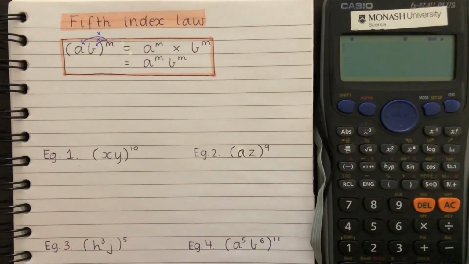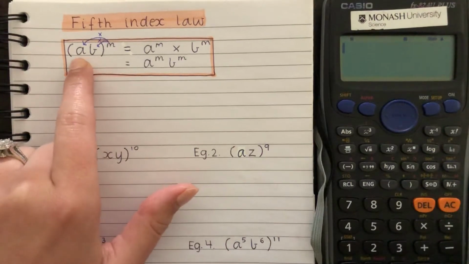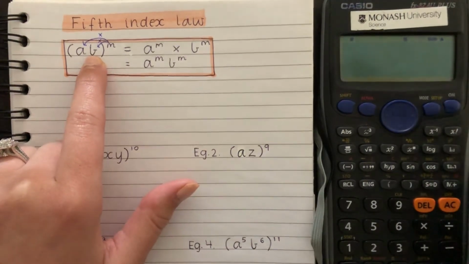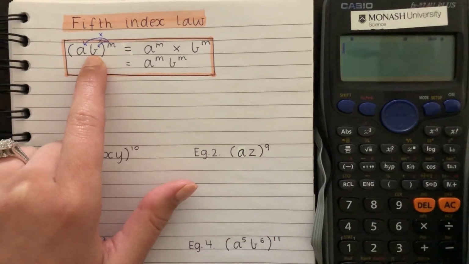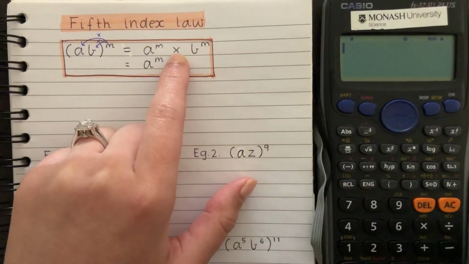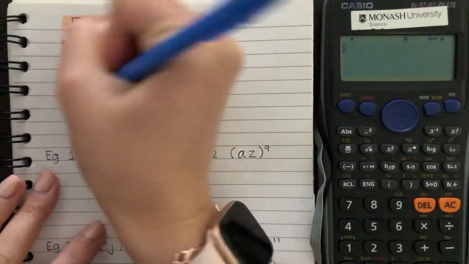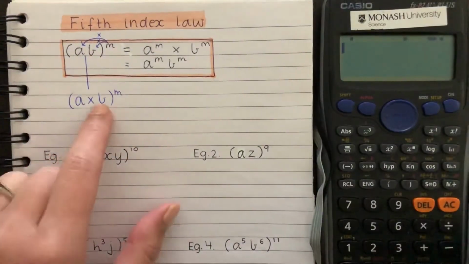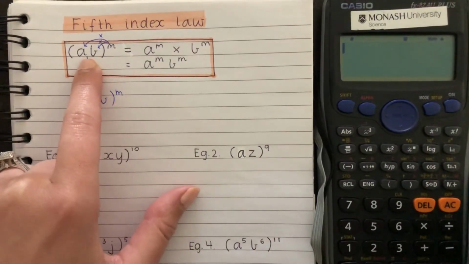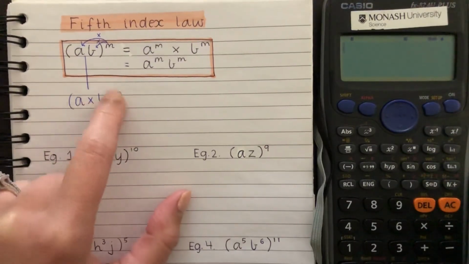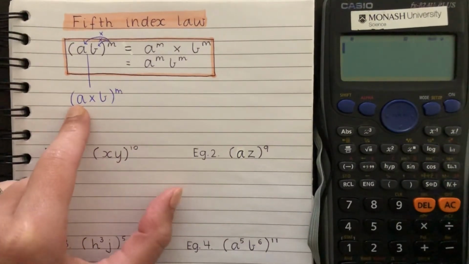What's actually happening is over here where we have our AB, there are no gaps in between them. There's no gaps in between the A and the B. Now, what do we know about when two things are next to each other when there are no gaps in between? It means there's an imaginary times sign. So that's where this times sign comes from. This actually means A times B, because there's an imaginary times sign in there, to the power of M. Everything is to the power of M because M is on the outside of the brackets.